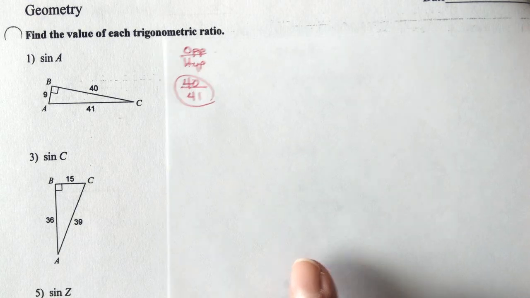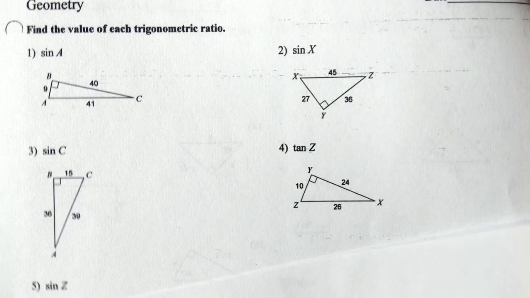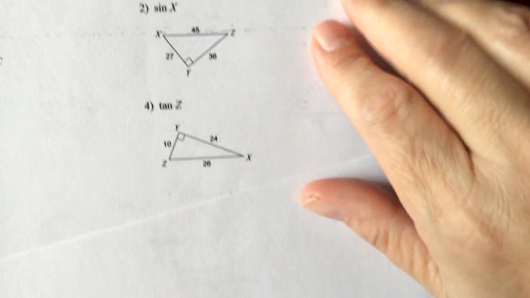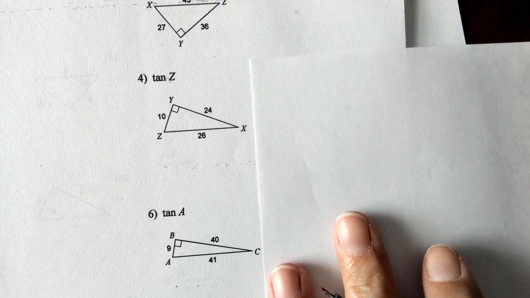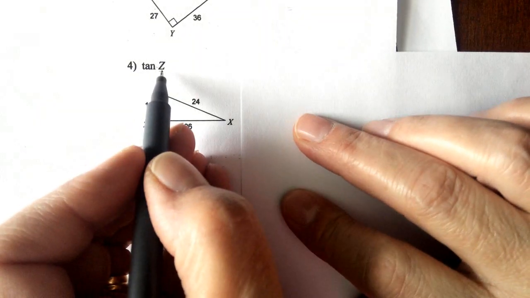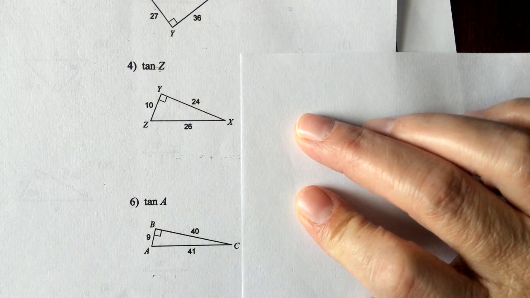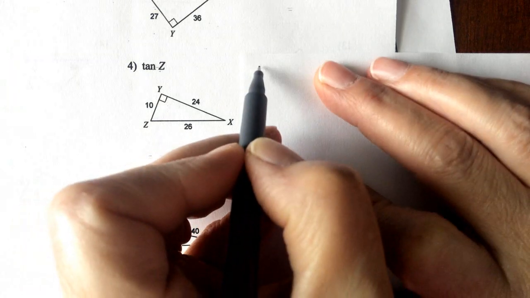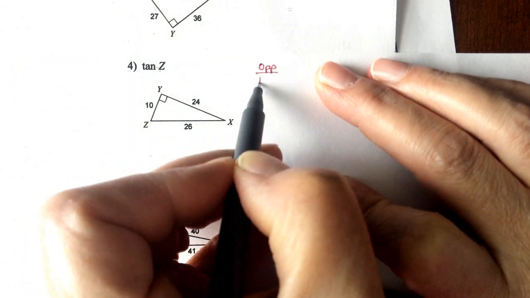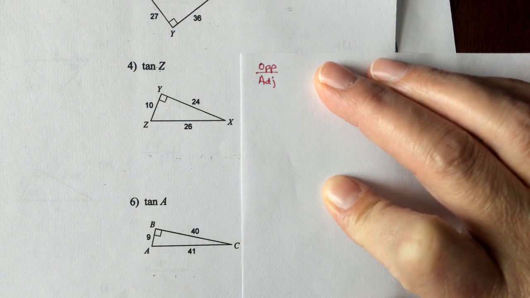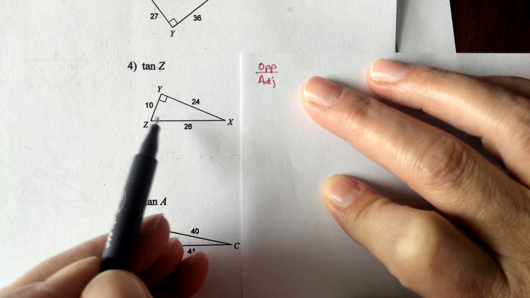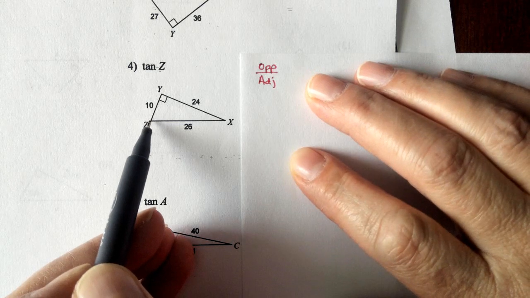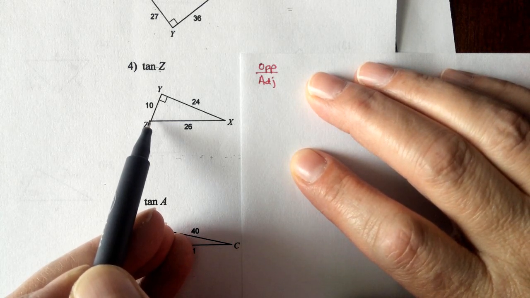Let's skip to one additional problem. How about a tangent problem? How about number 4? For number 4, we want to find the tangent of Z. I look at my definition of tangent in the notes, and it's opposite over adjacent leg for angle Z. First, I need to see the side opposite Z. Z is down here in the left corner.